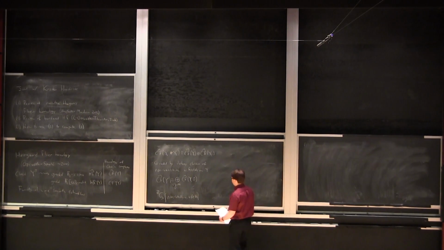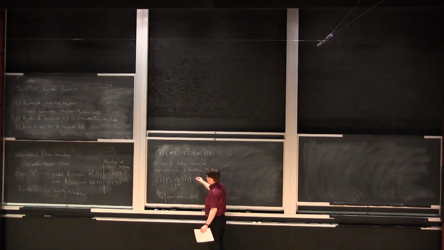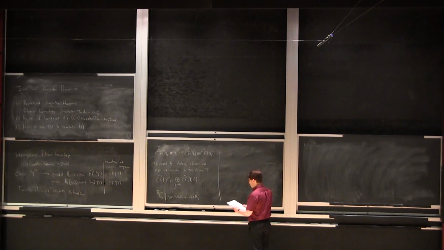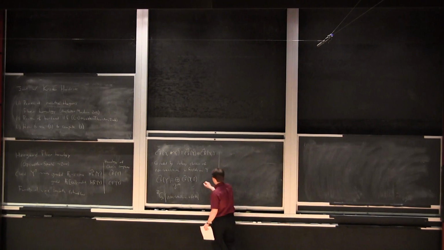And that gives you a relative Z grading, that's the homological grading here, and then the orbits give you another decomposition into spin C structures. I should mention this reformulation is due to Grip and Huang.